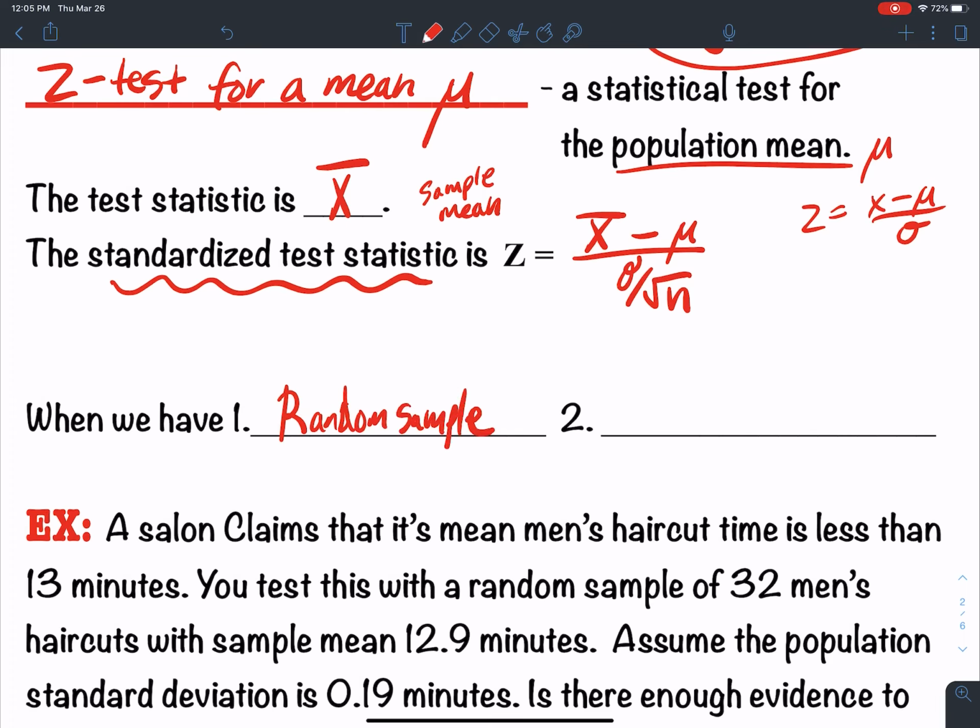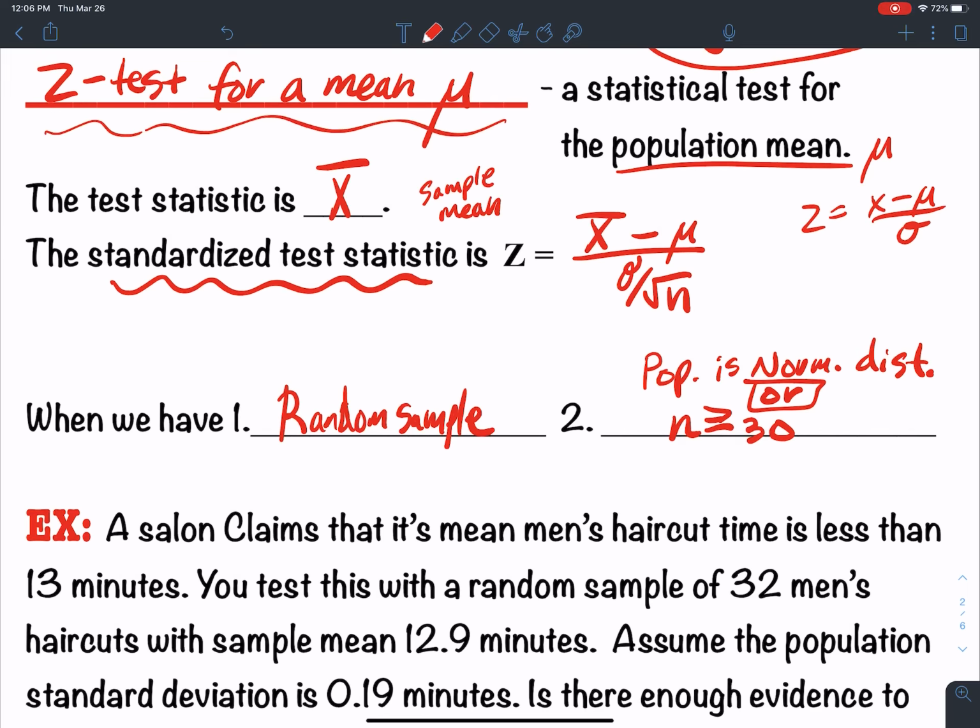The second thing that has to be true is that your population is normally distributed, or we have n greater than or equal to 30. So if you have sampled 30 or more, or you know that the distribution is normal to start with, then you can use this z-test for the mean.